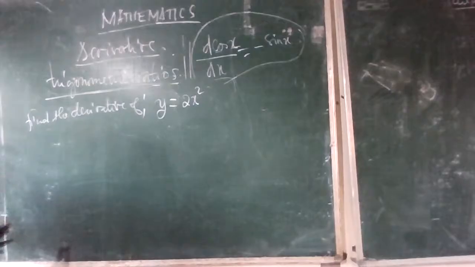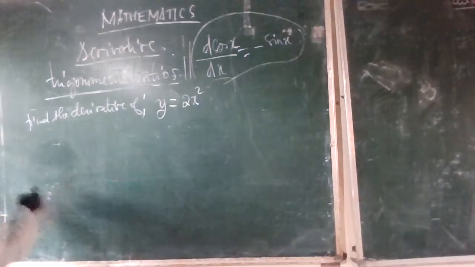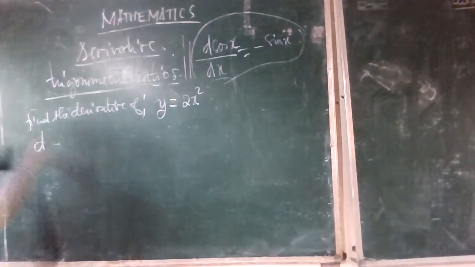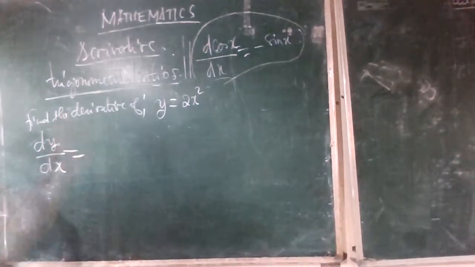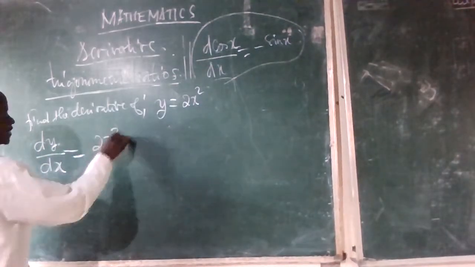The simple formula, instead of using the definition, is to apply this: the derivative of y with respect to x. It will be the derivative of 2x squared.